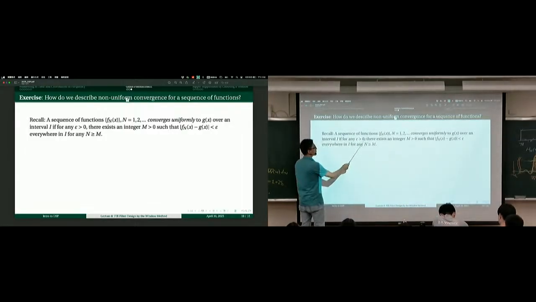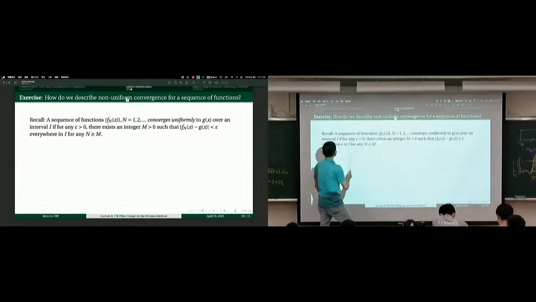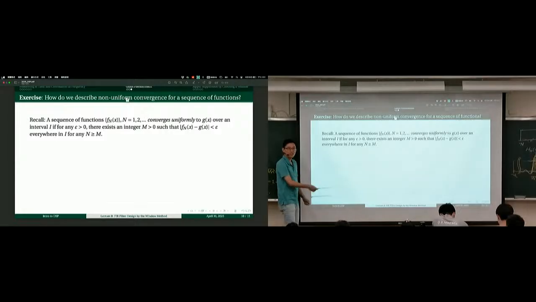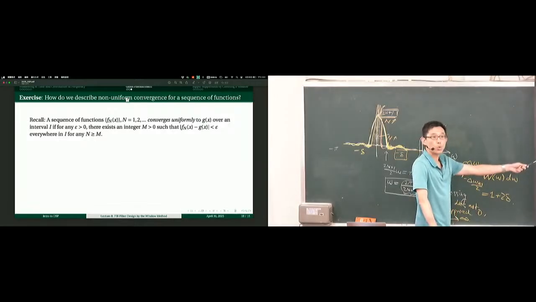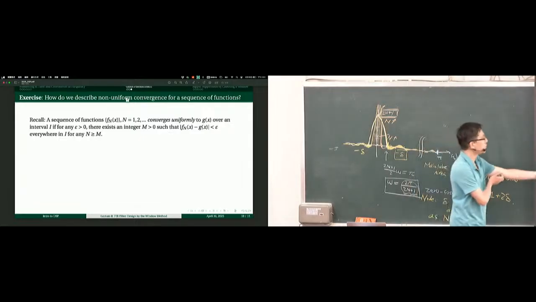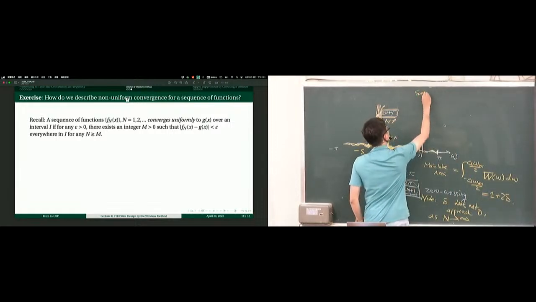A sequence of functions converges to G non-uniformly if for any epsilon there exists an M such that for any x in I, right? So this is in the right direction, but what you describe is just a good old definition of convergence, right?